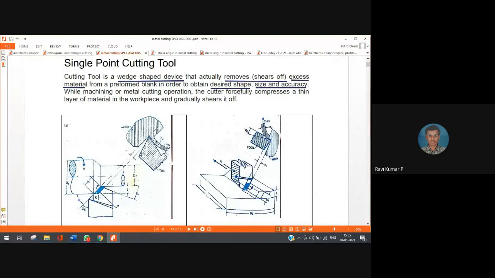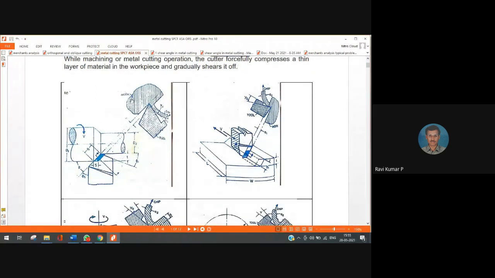That means it is something like a block, but some of the faces have been ground at an angle so that you have a sharp corner, right? So that I call it a wedge. It removes the excess material to obtain the required size, shape, and of course accuracy, right?